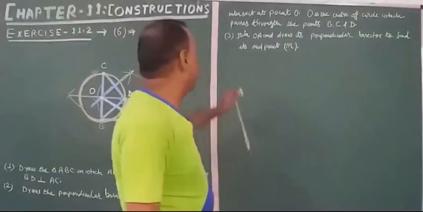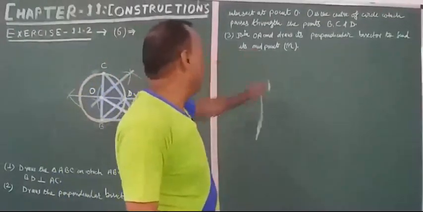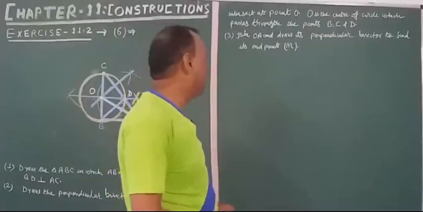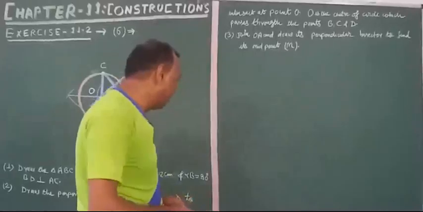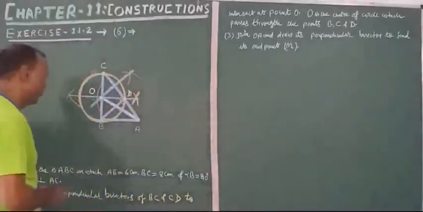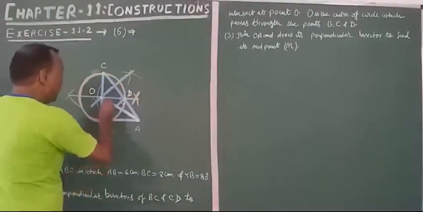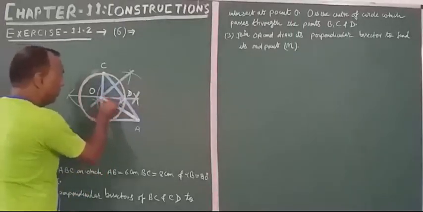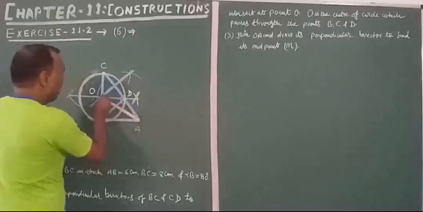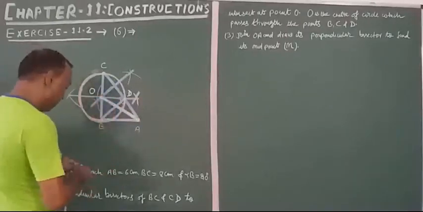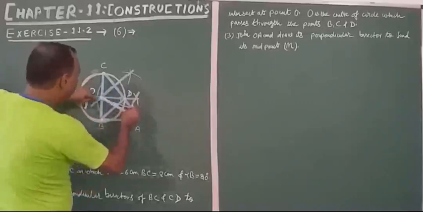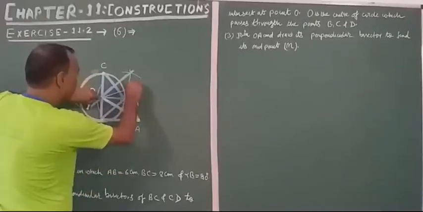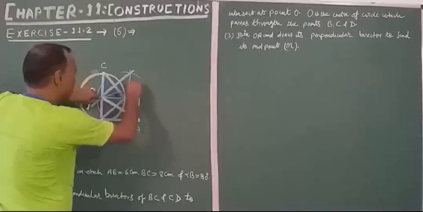Now this is step number 3. Join OA and draw its perpendicular bisector to find its midpoint M. And how will we do this? Just look here. This is OA. Now its midpoint. How? We will put the compass here and take more than half radius.